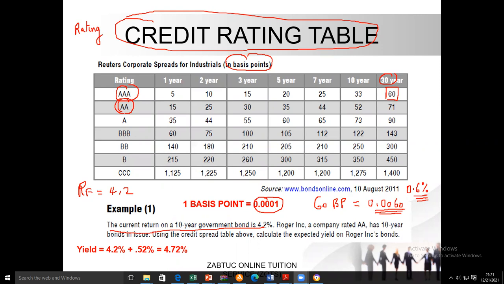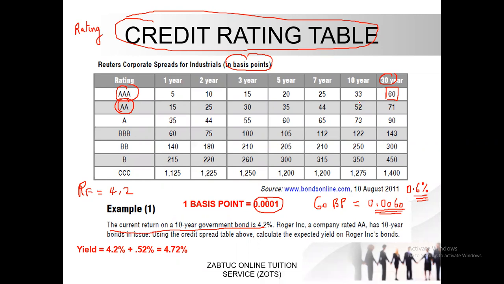So Roger, their rating is AA, and they have a 10-year bond in issue. Using the credit spread above, calculate the expected yield on Roger. So if Roger has got a bond which is expiring 10 years, this is the spread.